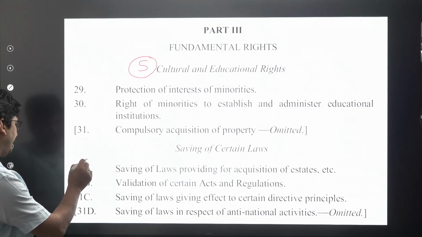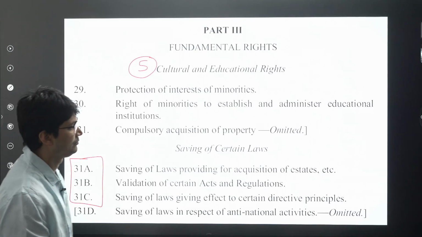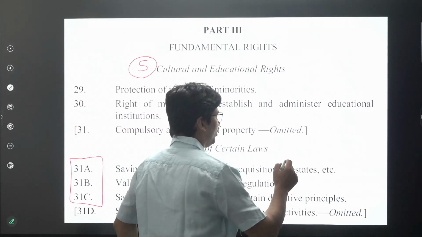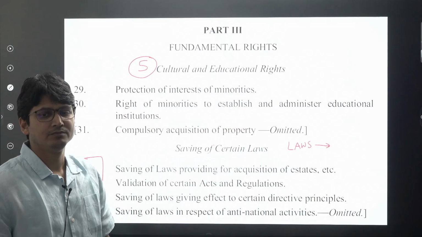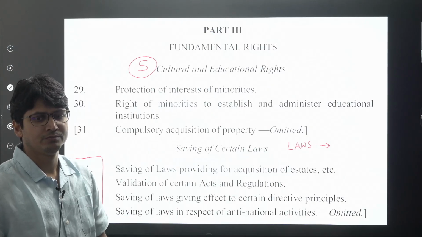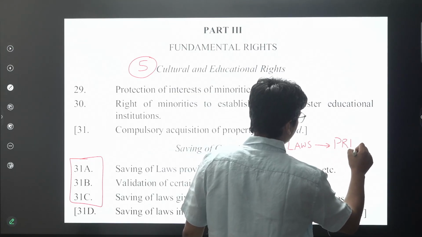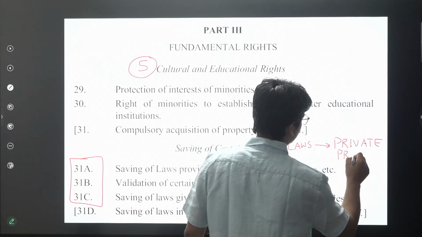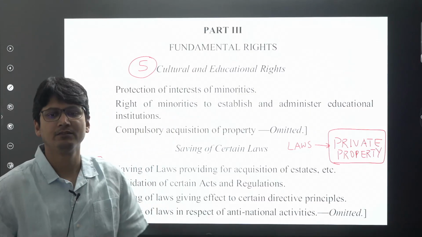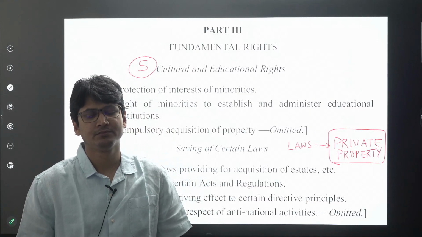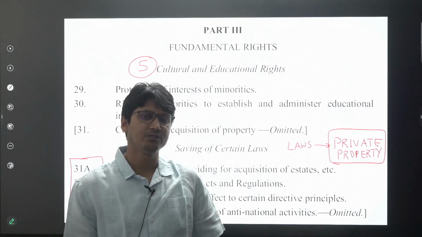And Articles 31A, 31B and 31C provide for laws for acquisition of certain private property so as to implement some of the directive principles of state policy.